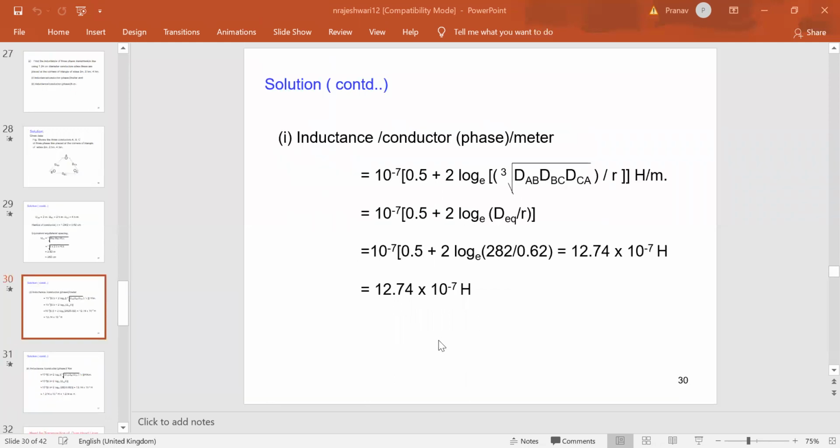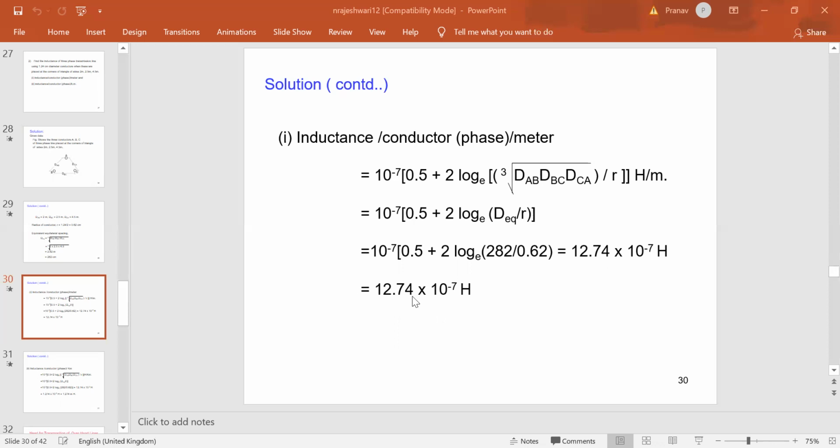So the inductance per conductor per meter is given by 10^-7 × (0.5 + 2 log(cube root of (DAB · DBC · DCA) / r)) Henry per meter. That is 10^-7 × (0.5 + 2 log(D equivalent / r)), which is equal to 10^-7 × (0.5 + 2 log(282 / 0.62)), which is equal to 12.74 × 10^-7 Henries.